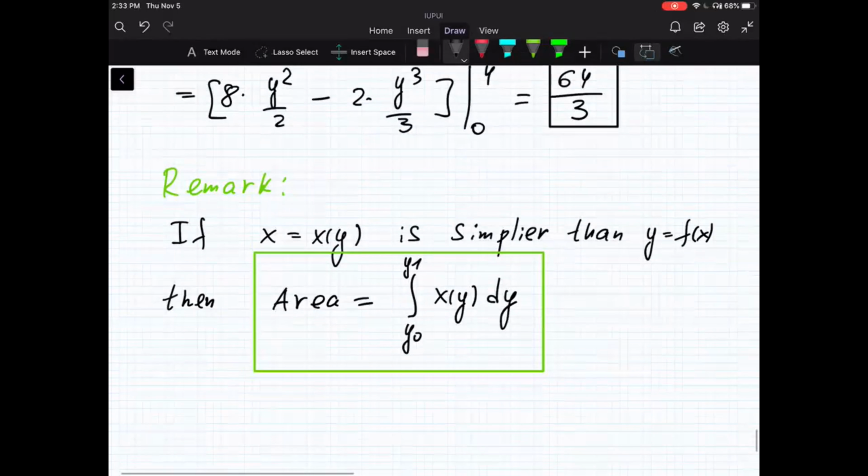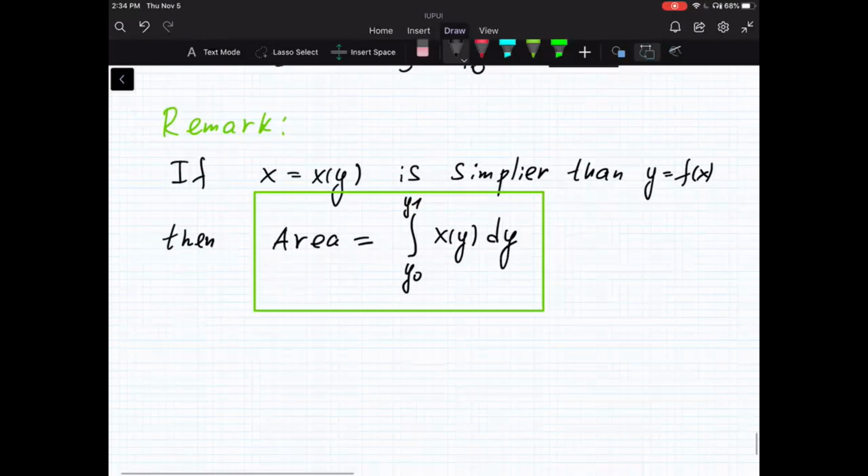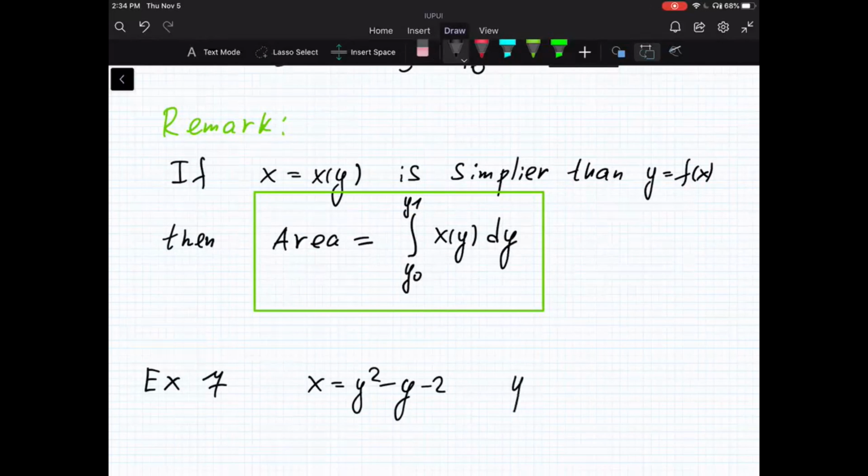Yes, and in fact, we can repeat the same steps in this case and obtain the area between two curves that are expressed as functions of y rather than x. So example number 7: find the area of the region bounded by the curve x equals y squared minus y minus 2 and y equals x plus 2.